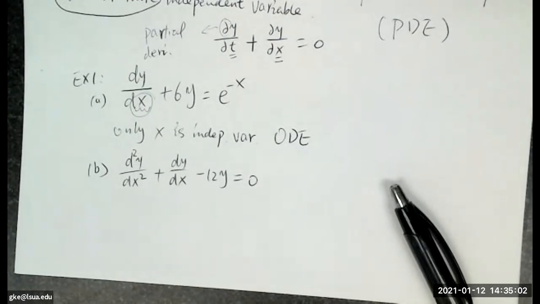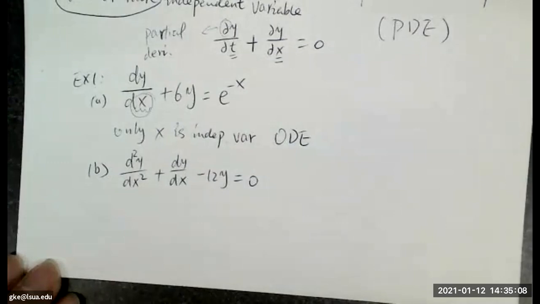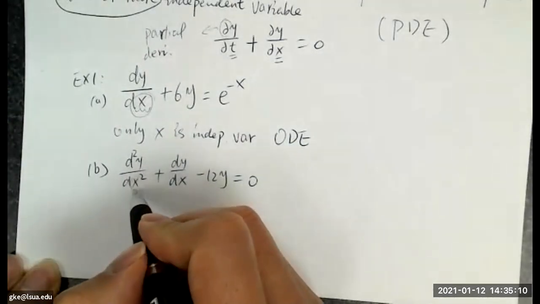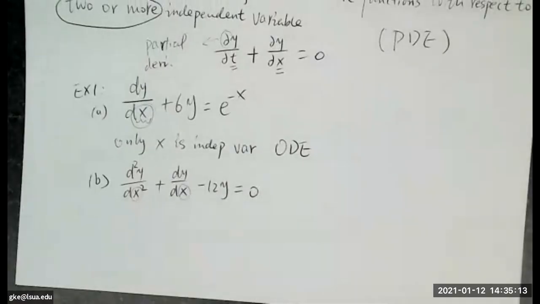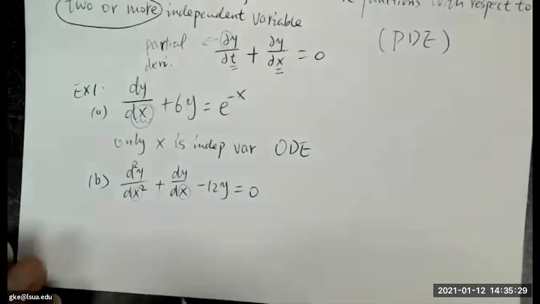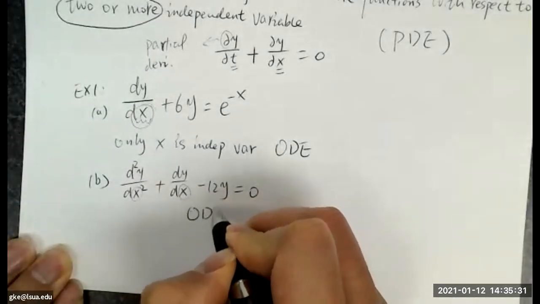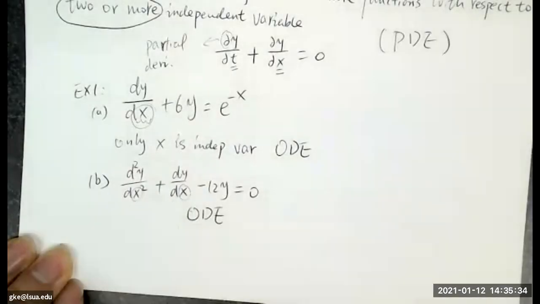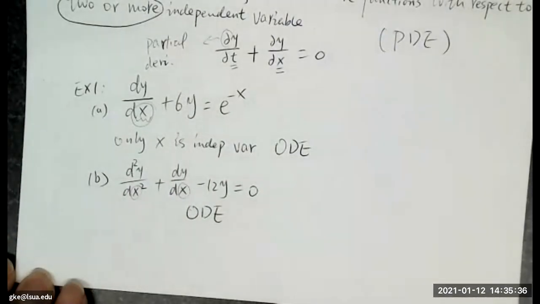Agree or not? It's an ODE. Why is that? Check the independent variable. Here the independent variable is just x, so only one variable. Just check the number of variables: if there's only one independent variable, it's an ODE. So here it's still an ODE, because we only found one independent variable, that is x.